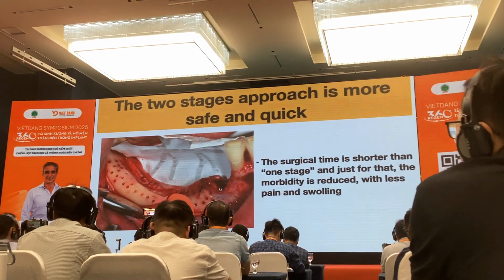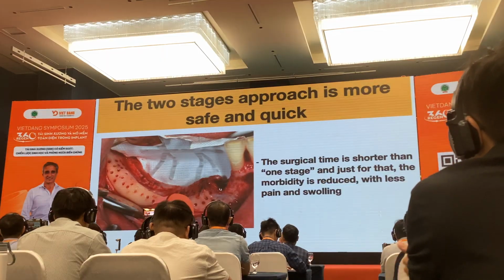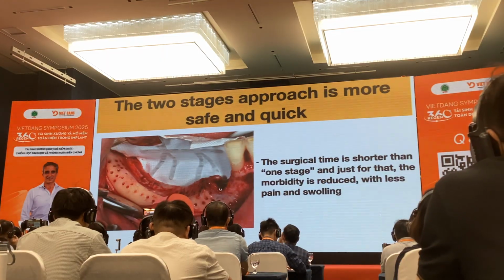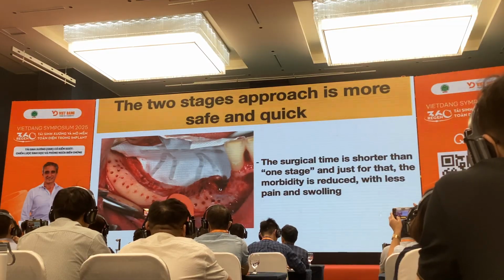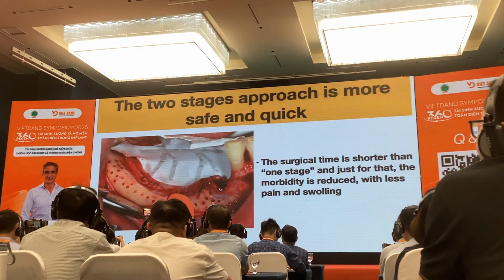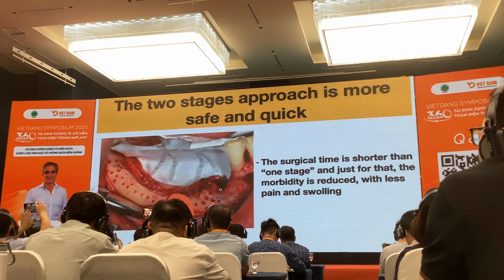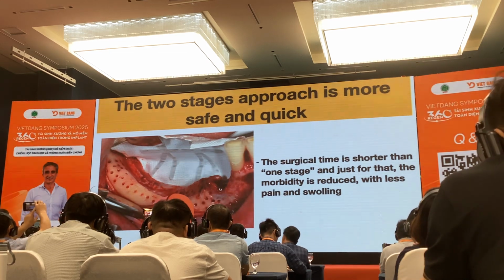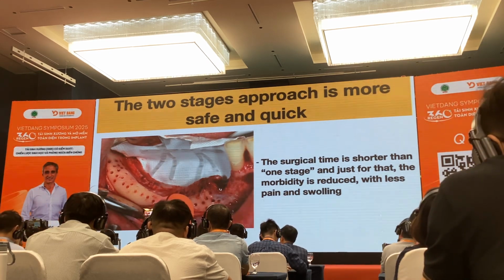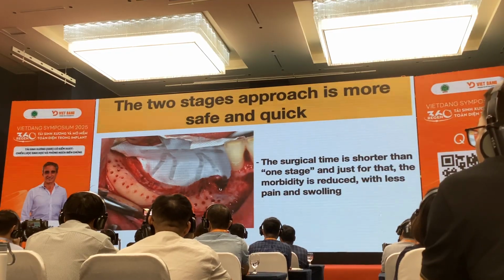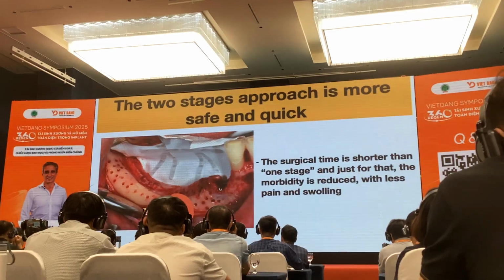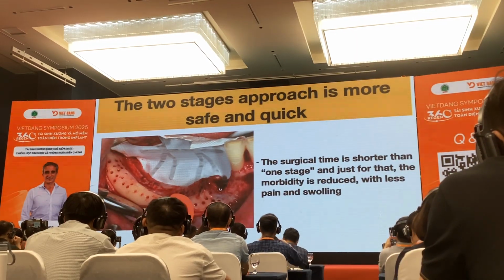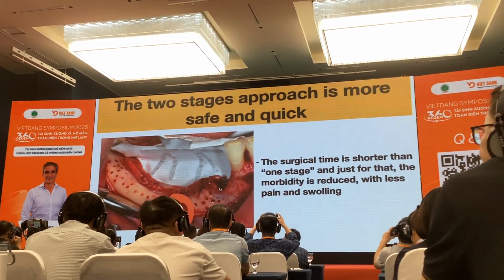Several reasons. The surgical time is shorter than 1 stage. If you want to place implants in an atrophy, even if you have the surgical guide, you need much time because there is a nerve. You don't want to risk damaging the nerve.